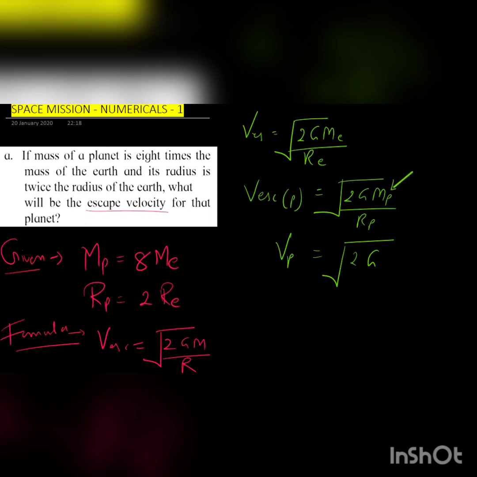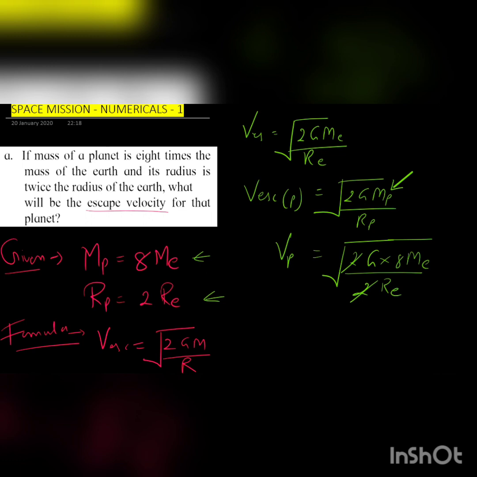So what is mass of the planet? Mass of the planet is 8 times mass of earth, and radius of the planet is 2 times radius of earth. It's 2 and 2, right?